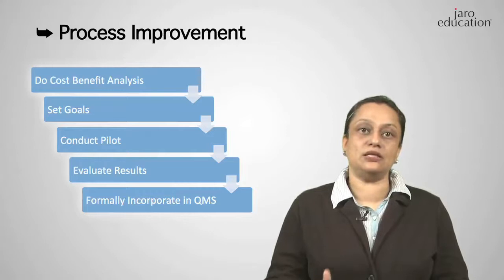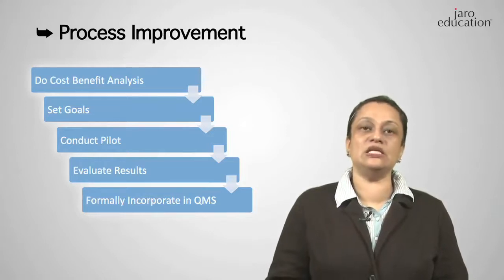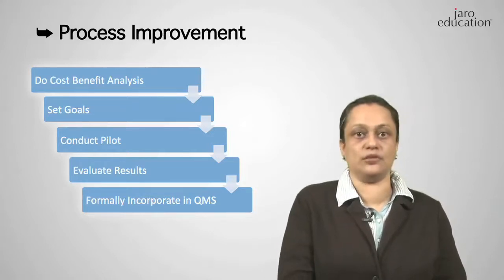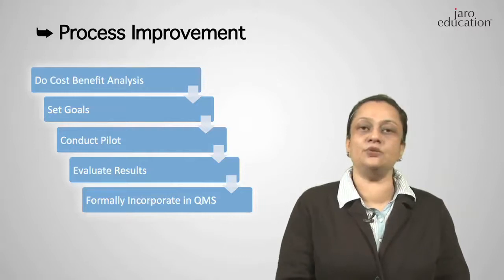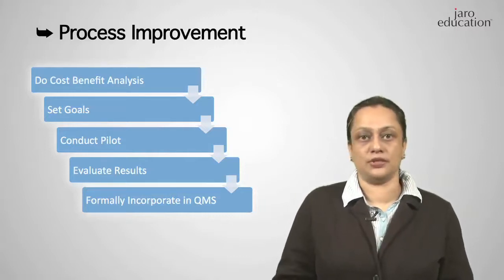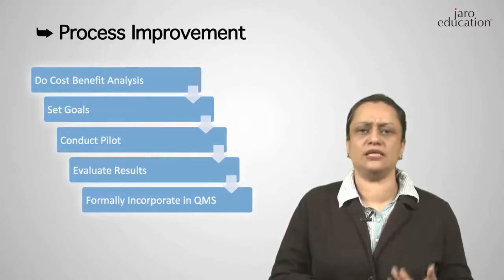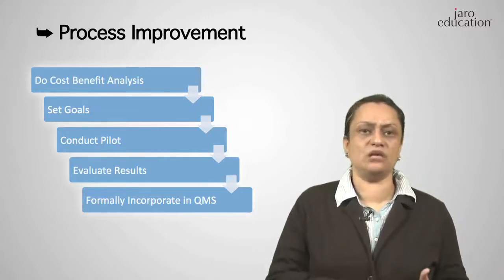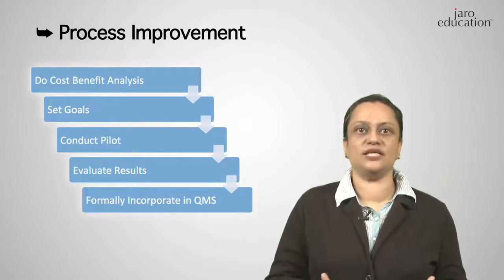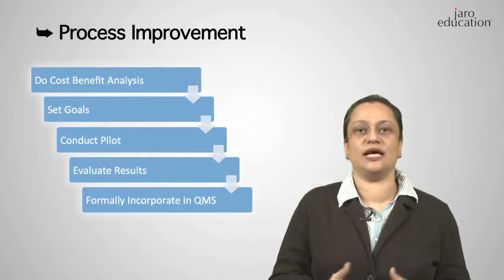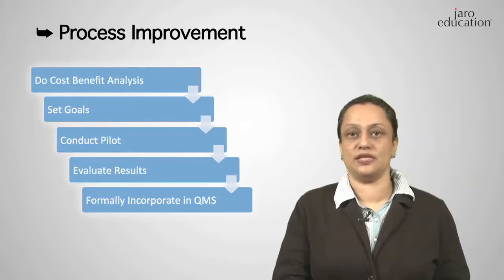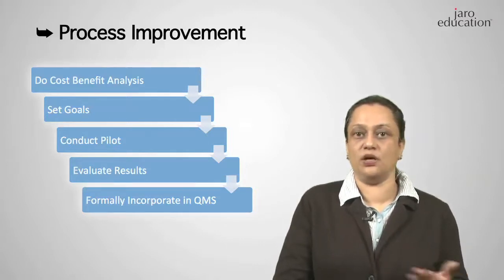You see whether the results of this process indeed meet the goals that you had set for yourself. Once that is done, then you can disseminate the process throughout the rest of the organization, which means of course updating the process documents, training people, and changing the SQA checklist, because now the SQA has to talk about this new process as well when they interact with the project teams.